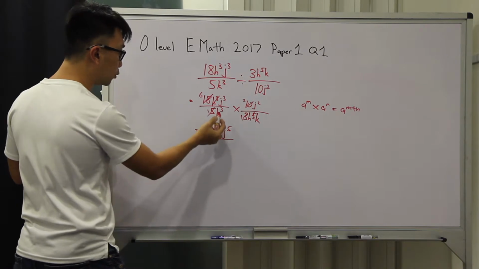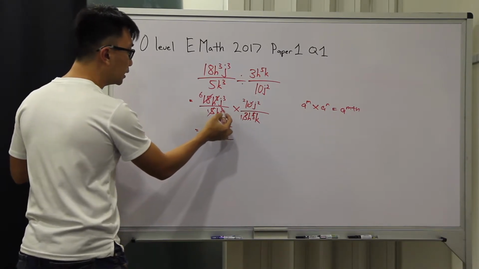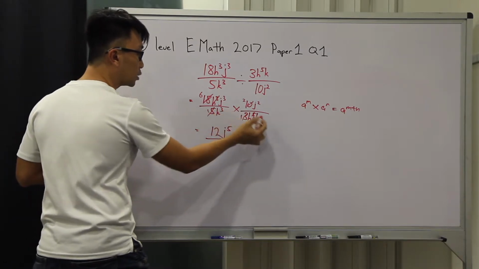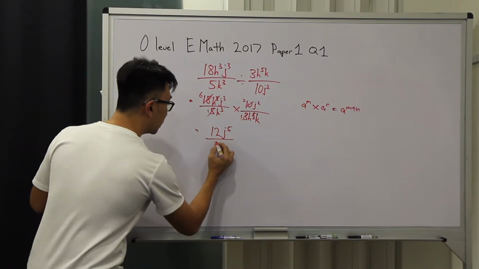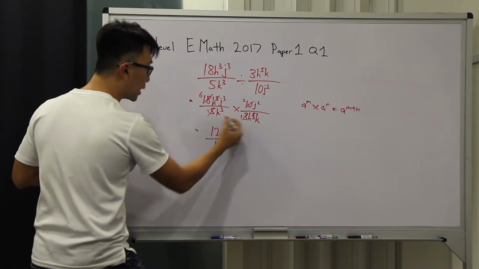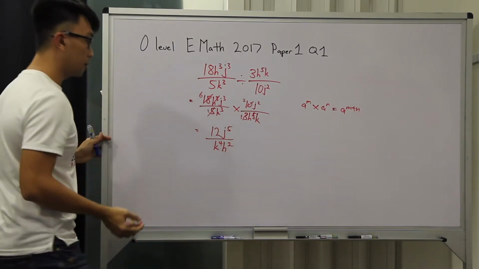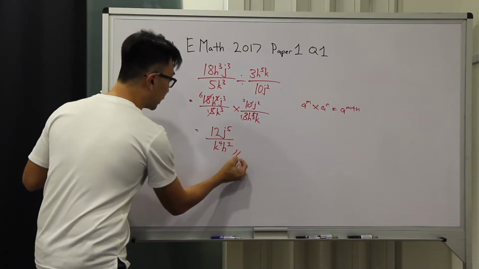And lastly, we have the denominator, k³, and have a single k here. So power 3 plus 1, that will give us 4. k to the power of 4. And we have an h² here. Alright, so this will be our final answer.